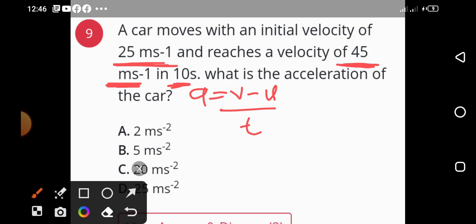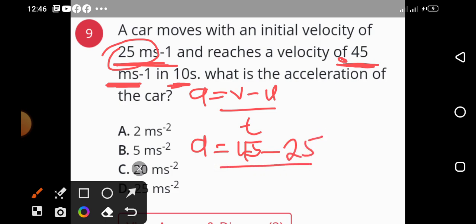So what we will do is substitution. You say A equals final velocity, which is 45, that is V, so you put 45 minus initial velocity, which is this 25 meter per second, so you put 25, divided by the value of time t, which is 10.